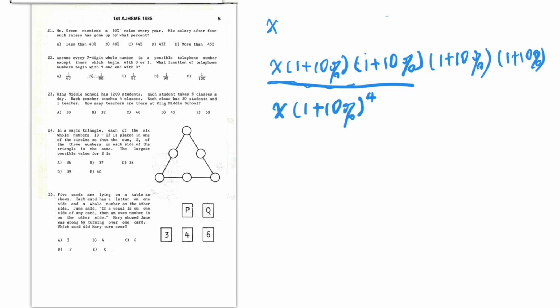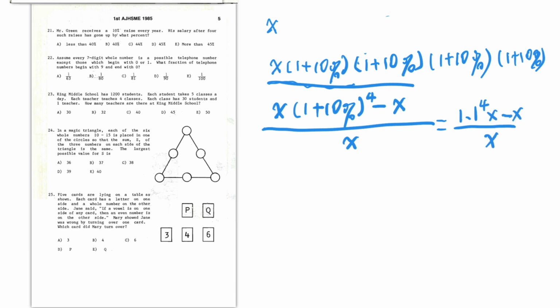So the fourth year salary minus the base year salary X is how much it went up over the base year salary X. That's the percentage. So that gives us 1.1 to the power 4 X minus X, over X.